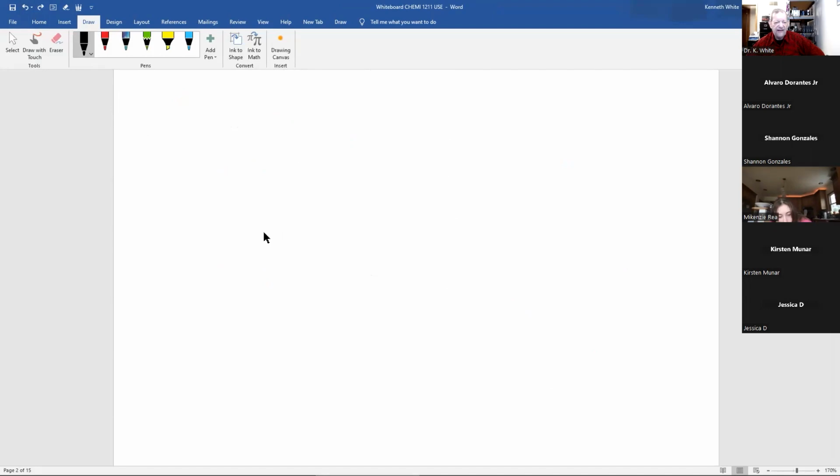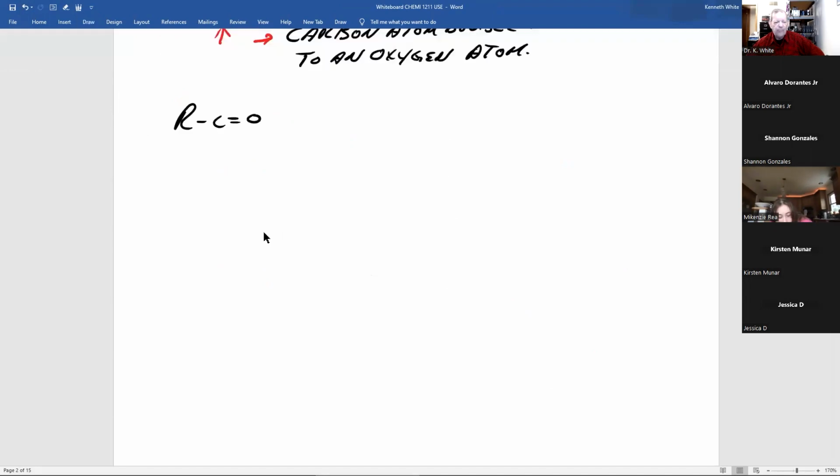If you take a ketone, or if R prime is hydrogen, an aldehyde. So it's both an aldehyde or ketone plus an alcohol reacted with an acid catalyst.